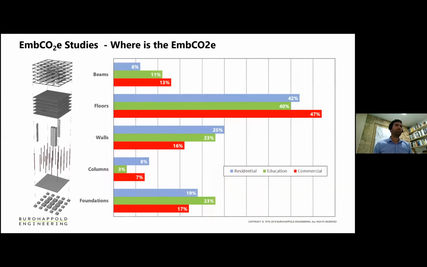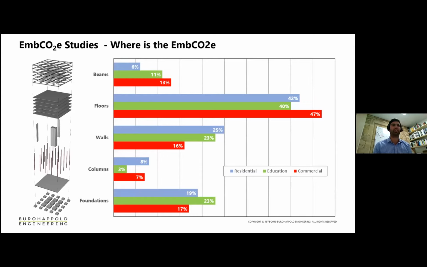So where do we start from? It is important to understand where in the structure the embodied carbon is, and this is our accumulation of literally hundreds of embodied carbon building assessments, rationalizing that data and bringing it down to give ourselves a picture.